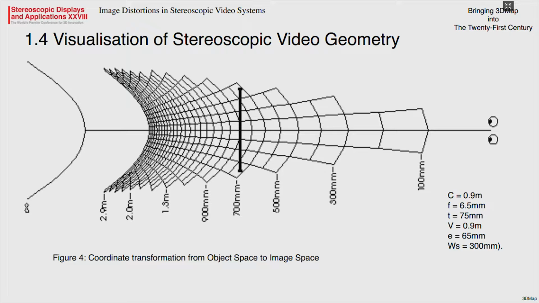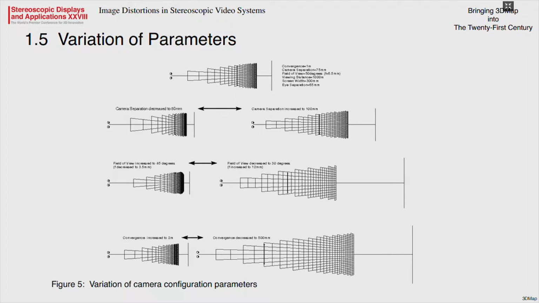There's a line there which represents objects sitting at infinity, and this grid represents where objects would appear at different distances away from the camera. The 1950s analysis had simplified things to miss some of these distortions, and one of those was depth plane curvature, which we'll mention in a few slides.